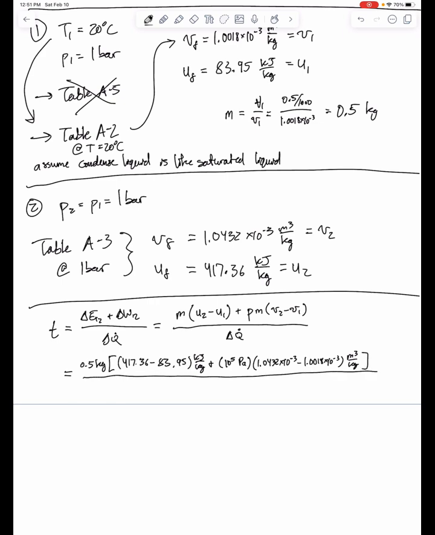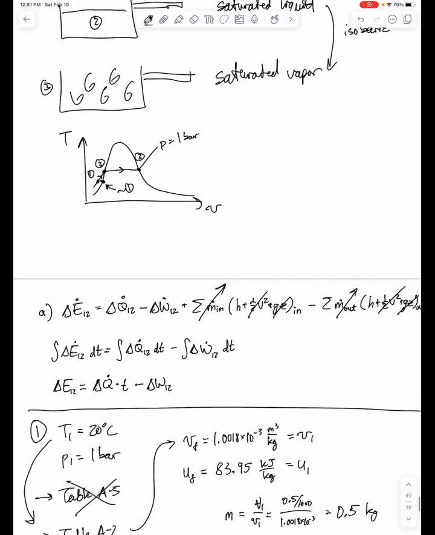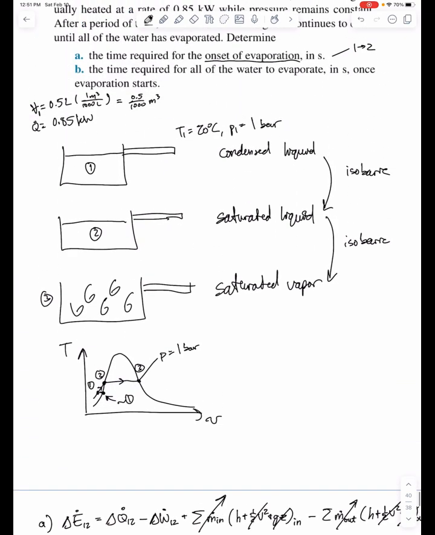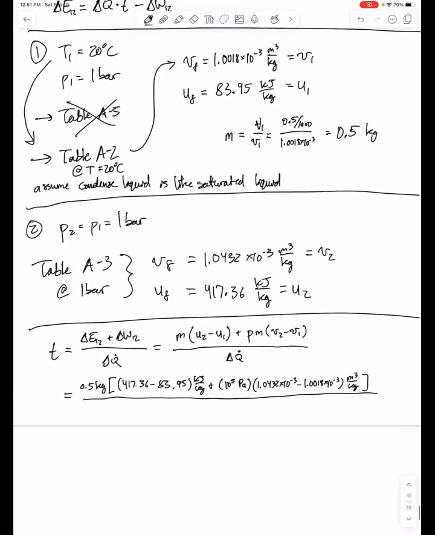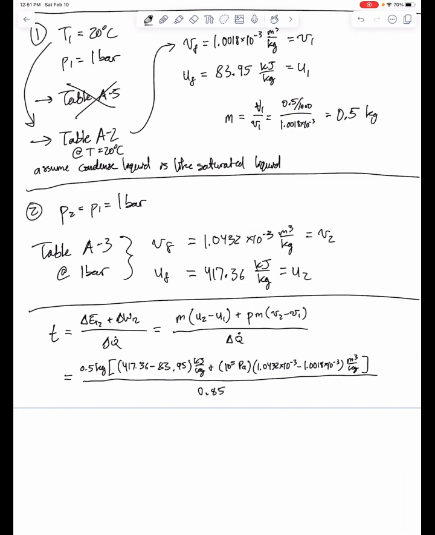Divide by the heat transfer rate, all the way back up here. 0.85 kilowatts. I believe the kilo here and the kilo from the kilojoules will cancel out, so I should be all right. I'm just pulling up this calculator to see what I get.